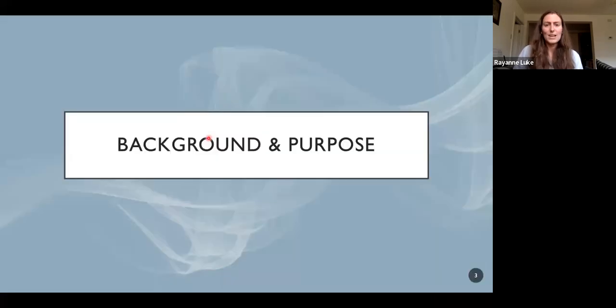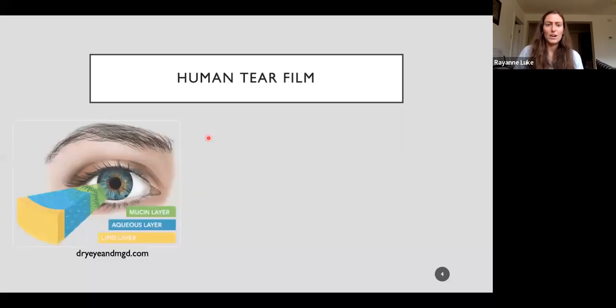To jump in with a little bit of background on the tear film, the human tear film is a 3-layered film. The largest layer is an aqueous layer, which is mostly water, which sits below a thin, oily lipid layer that protects the eye against evaporation. And sitting on the ocular surface, there is this sort of mucin forest.